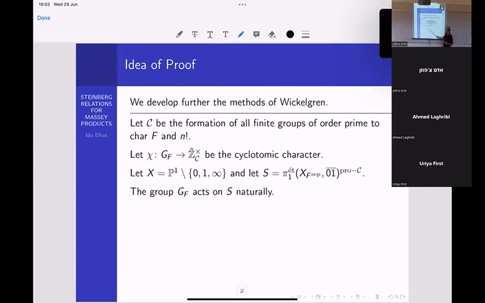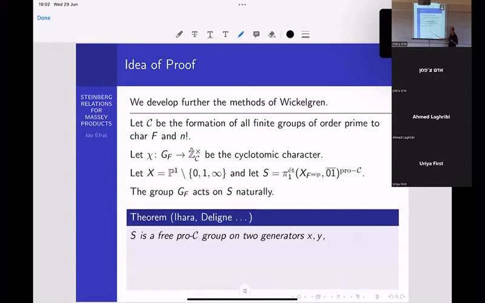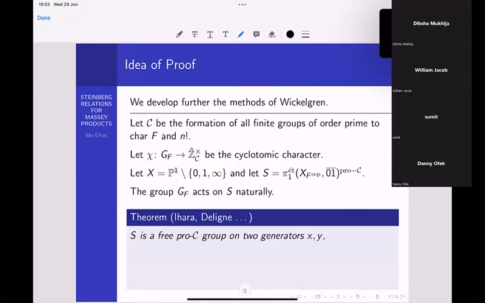So one fact that we need is that there is a natural Galois action, the absolute Galois group acts on S. In fact, the structure of S and the Galois action are very well known by works of prominent mathematicians, Ihara, Deligne, and others. S, this fundamental group, turns out to be just a free pro-C group on two generators. I call them deliberately X and Y, as the letters in the alphabet.